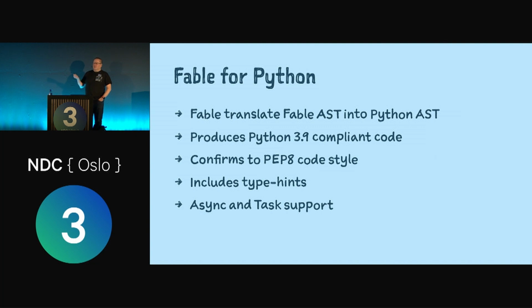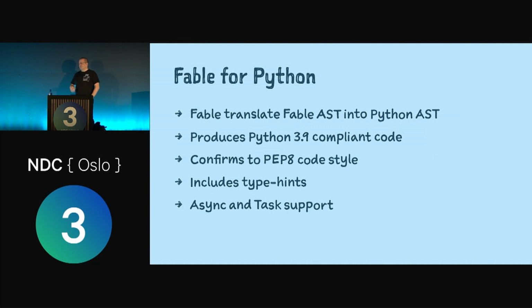we have async and task. And for async, it transpiles to the same sort of async that you have in Fsharp. For task support, I sort of flip to the Python world, and the code becomes Python async await, because Python also has async await.